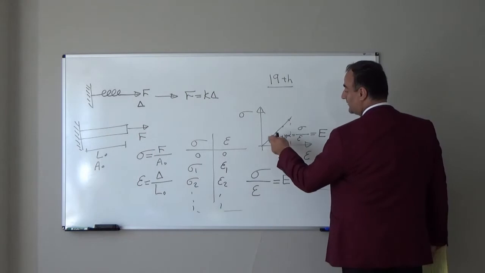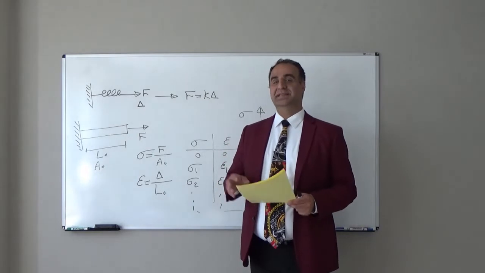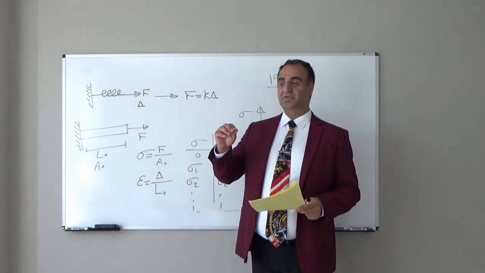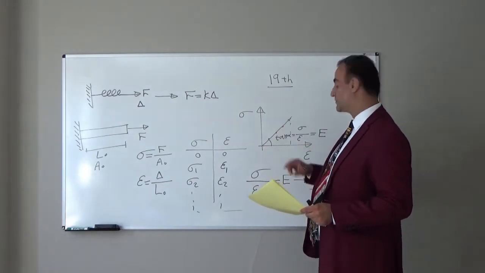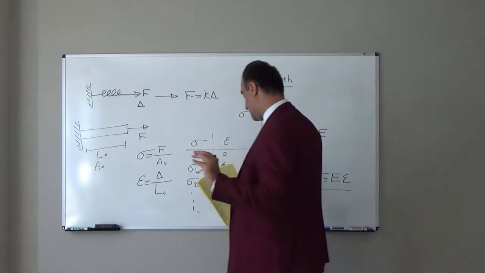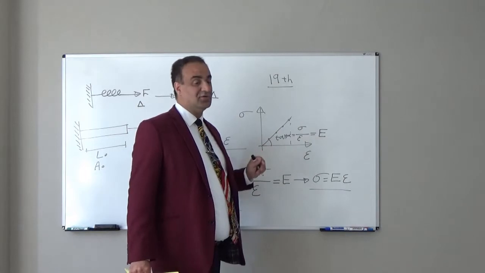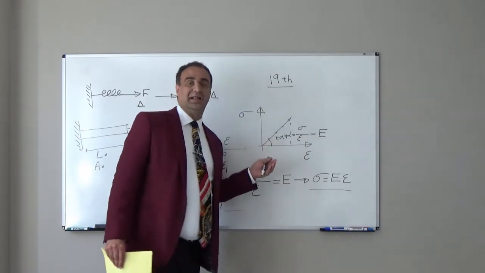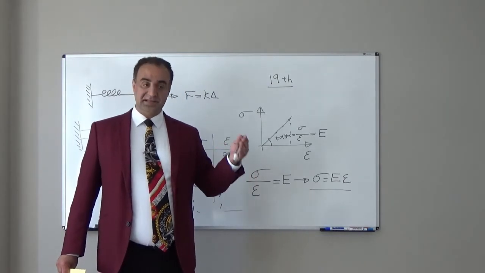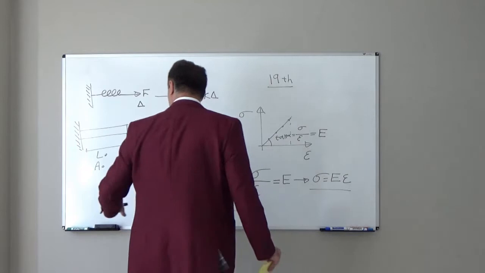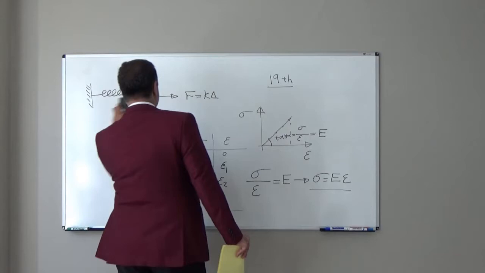So tangent alpha for this line will be E, Young modulus. Later on I will explain that test, and I will tell you in that stress strain curve what is the name for each point. Don't worry about that for now. But for different material, we know the E. E is known value, and even if we have new material, we don't know E for that, it is easy to find E using one simple stress strain test.